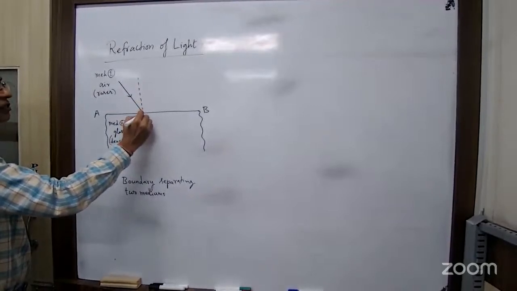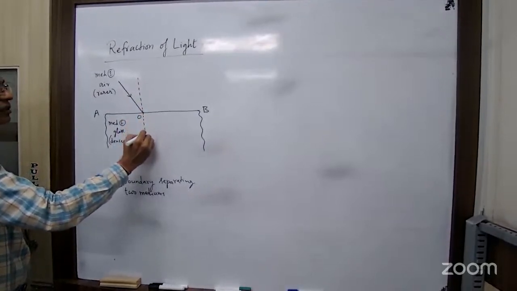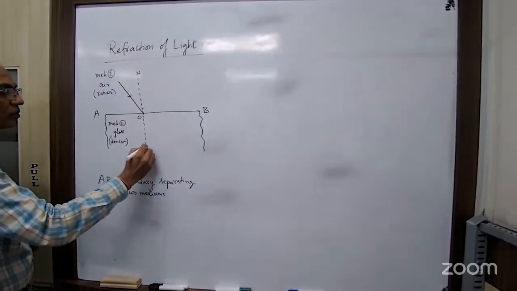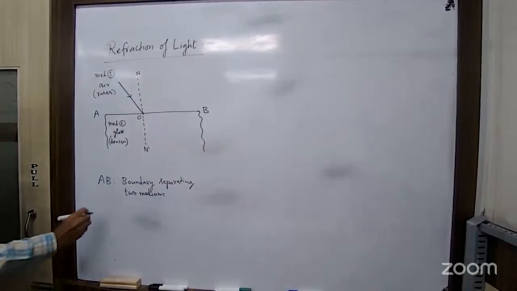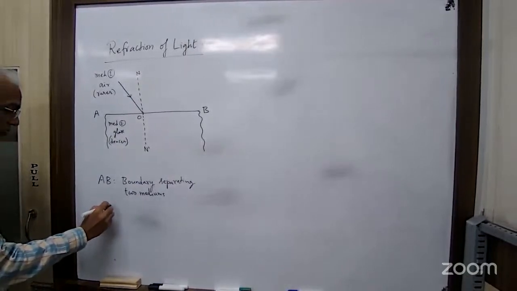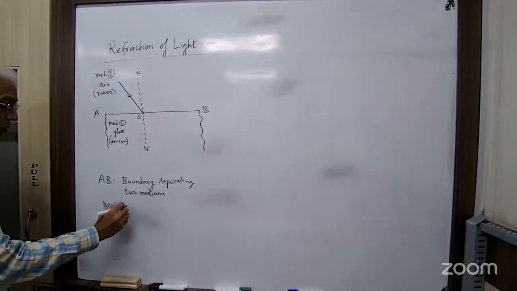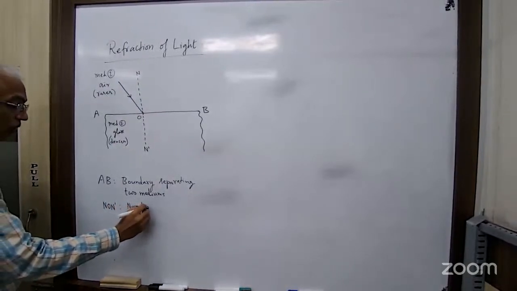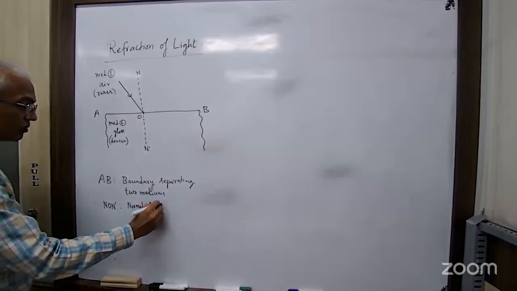Whether it is reflection or refraction, the normal has a key role to play. So NON dash is the normal at the point of incidence.